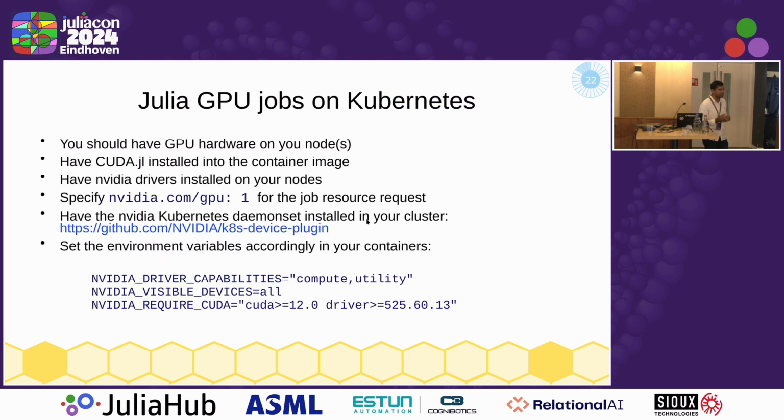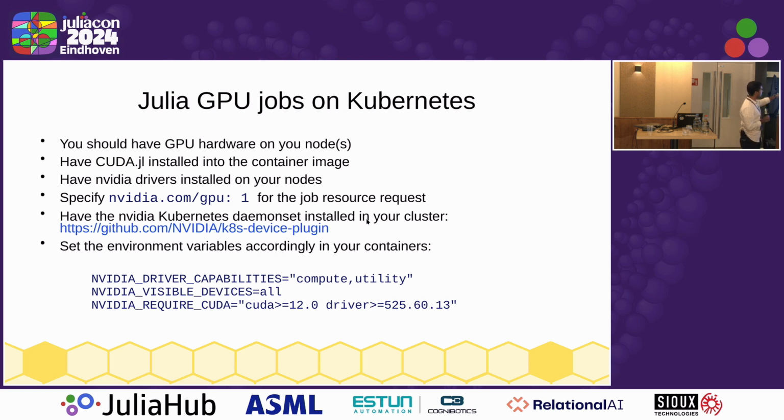Okay, just a brief note on GPU. What do you have to do to run GPU jobs on Kubernetes? Well, first of all, you should have GPU hardware. On your container images, you need to have CUDA installed, Kuber.jl. You need to have NVIDIA drivers, if it's an NVIDIA GPU, installed on your node. And you need to specify nvidia.com/gpu: 1 or any number that you want in your specification of the job or the deployment.